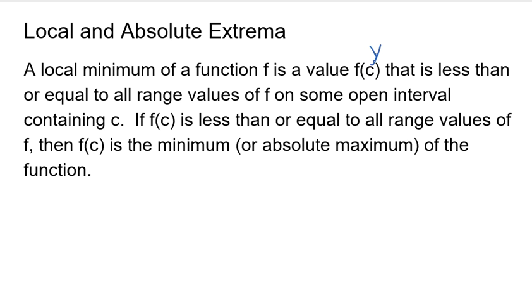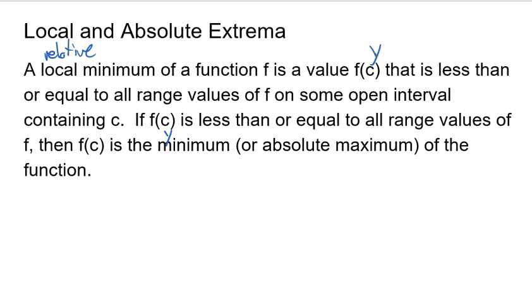It's a y that is less than or equal to all other values of f in that particular interval. A local min is also known as a relative min, meaning local or relative to that particular area. It is the lowest value of all. But if the y value, which again, f of c is a fancy way of saying the y value, is truly less than all others, it is considered the min, okay?